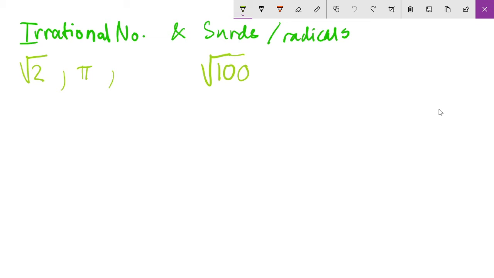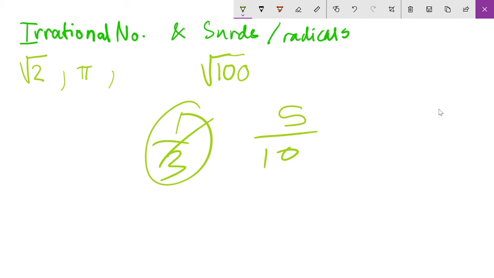An irrational number is just any number that can't be shown as a fraction. So this is not an irrational number, this is not an irrational number, and this is not an irrational number. Okay, but this is an irrational number because you can't simplify it further, and you can't represent it as a fraction.